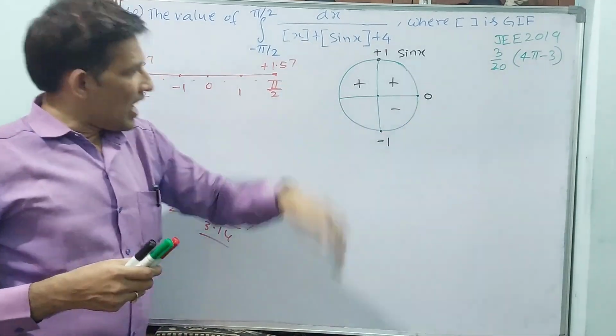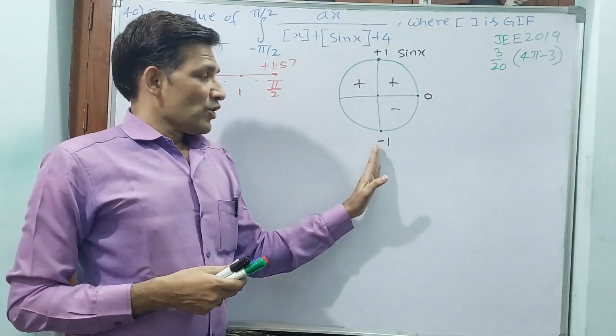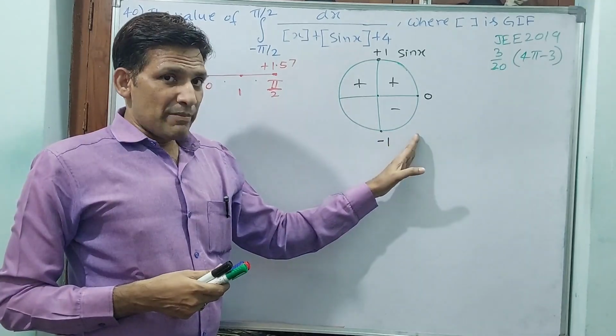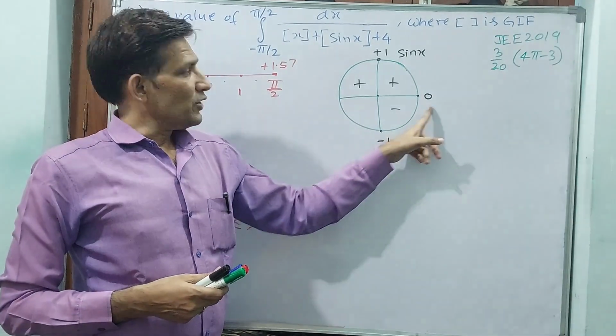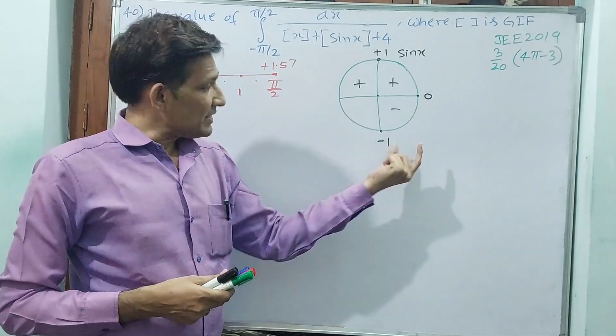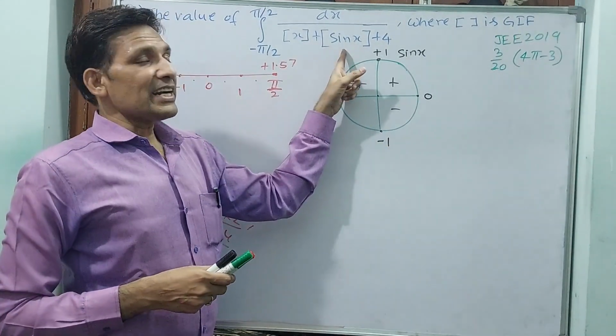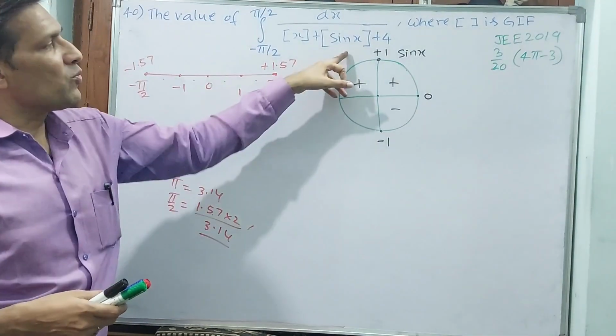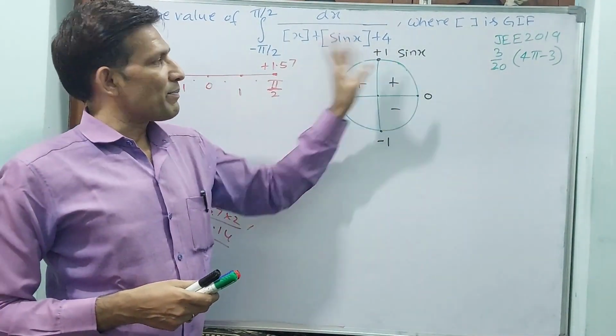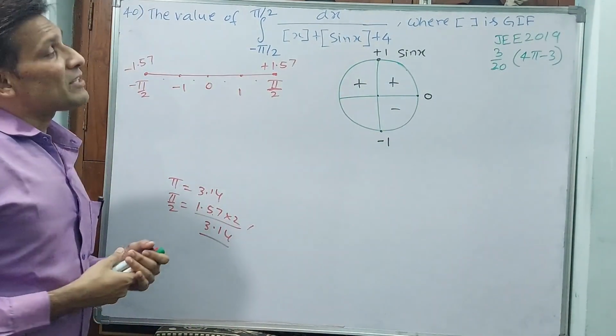That is one thing. Another thing, if it is greater than minus pi by 2 up to 0, it gives minus 1 only. Why? Because the integer is minus 1 only. That value you have to take, because the greatest integer function output you have to write. Output is minus 1 or 0 or plus 1. That's all. You think whether plus 1 comes.